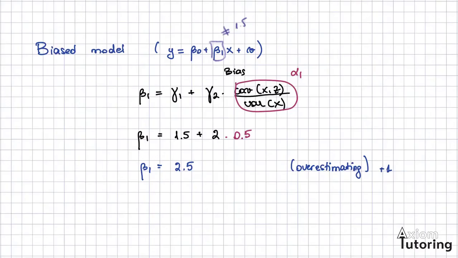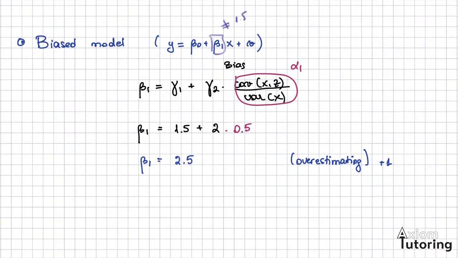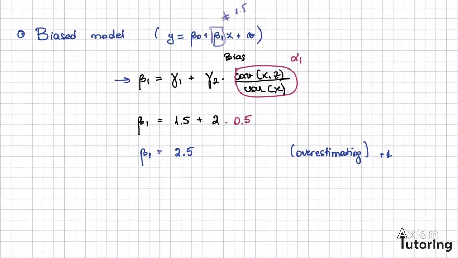Usually, most of the time you will know the biased model and the auxiliary model, from which you can find the true model. So be aware that the same way that you can write beta 1 equals gamma 1 plus gamma 2 times alpha 1, you can rewrite this as gamma 1 equal to beta 1 minus gamma 2 alpha 1.